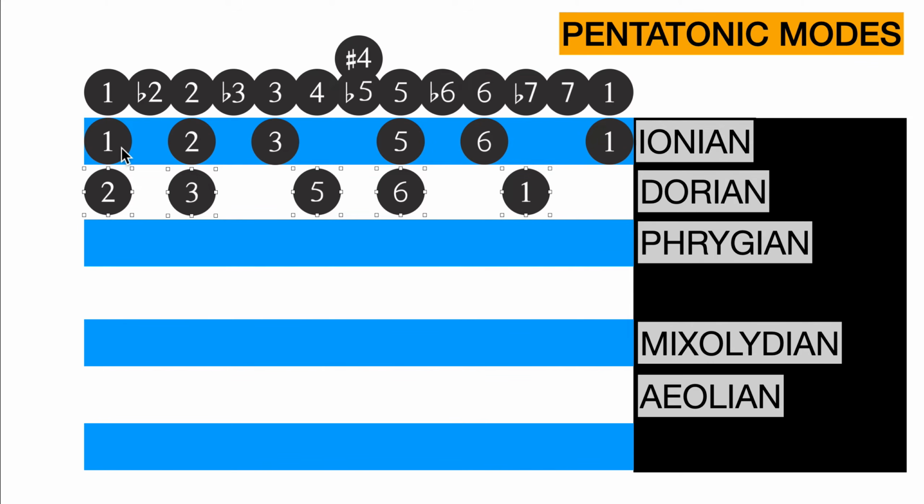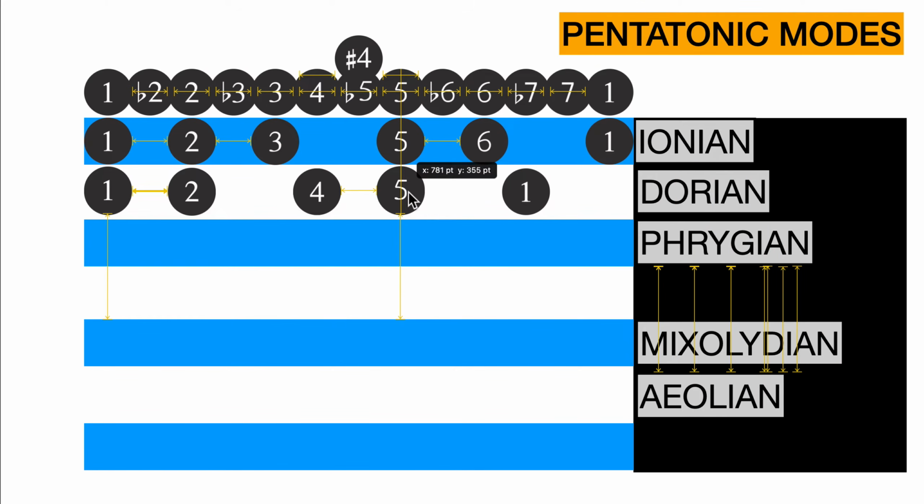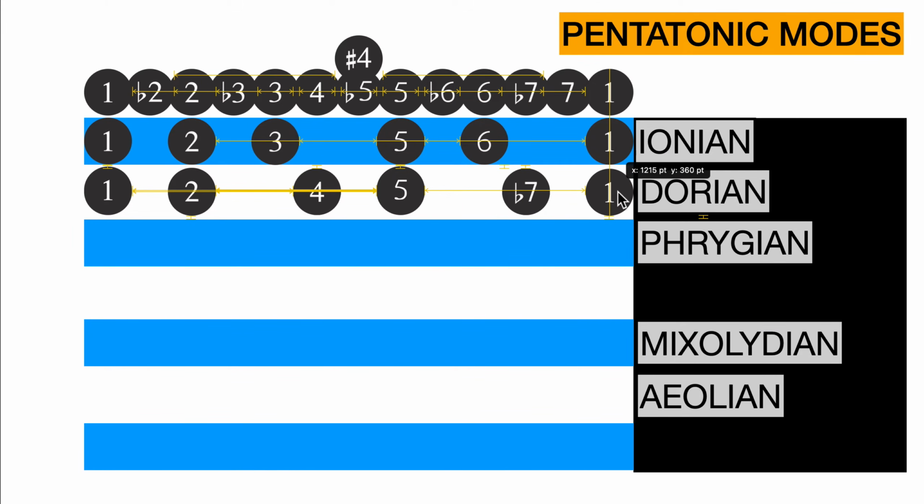So if we see things from the vantage point of the 1, then the 2 now becomes the 1. That makes the 3 the 2. And then whatever this one is in alignment with, which would be a 4 and a 5 and a flatted 7 and then a 1. So these are actually the same notes as we'll see on the next screen.